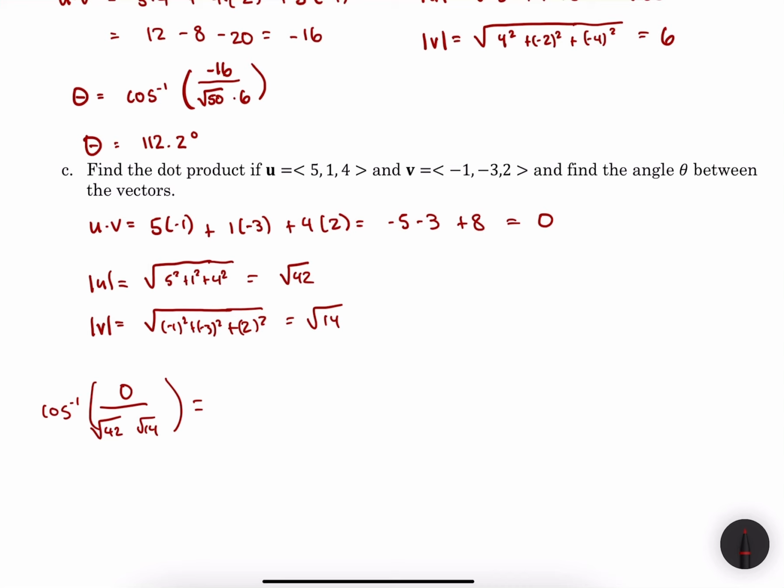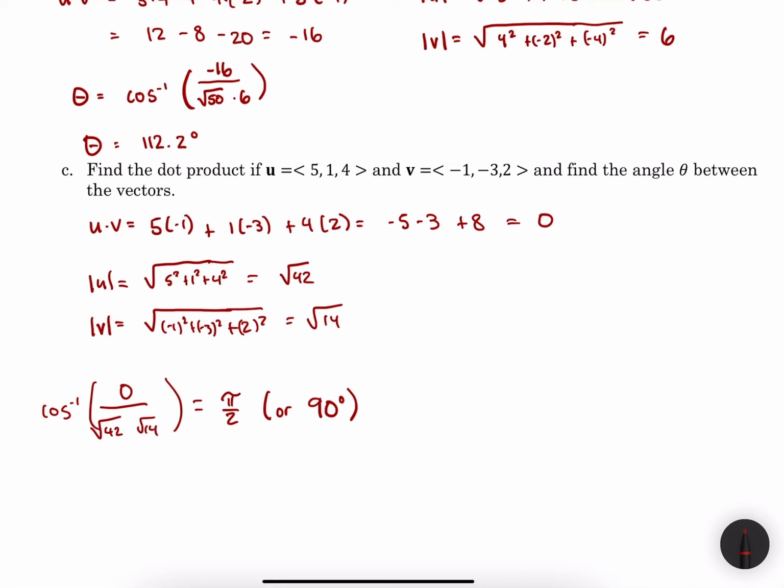We should know that the cosine of pi over 2, or 90 degrees, is 0. So this is going to give us pi over 2, or 90 degrees.